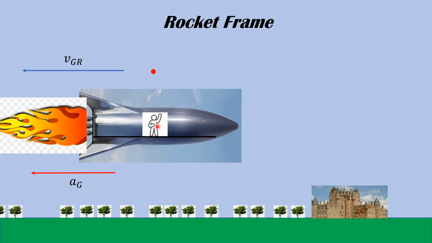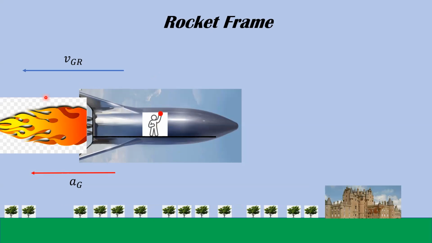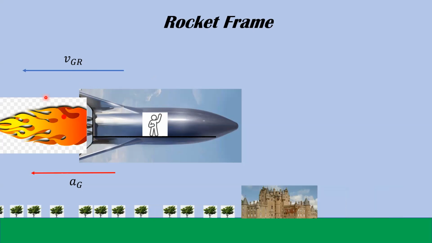If you were inside this rocket ship, your brain or your imagination might tell you that something is pushing this ball to the left in order to get it to trace out that trajectory. And I don't want to call it a parabola because I don't think it's actually a parabola. It wouldn't be difficult to figure that out mathematically, what the actual shape of that curve is, but I do not believe it's a parabola.